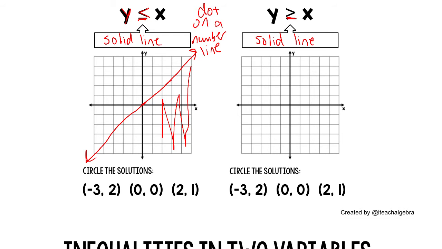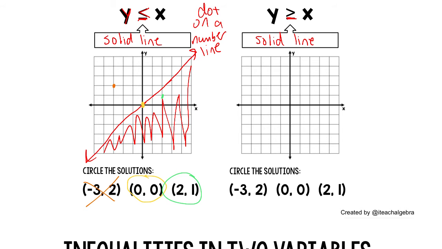We're going to shade below. Let's see if any of these points are solutions this time. -3, 2, 3 left, 2 up, not a solution. 0, 0 at the origin is a solution because now that our line is solid, numbers on that line are also included in the solution. 2, 1, also a solution.